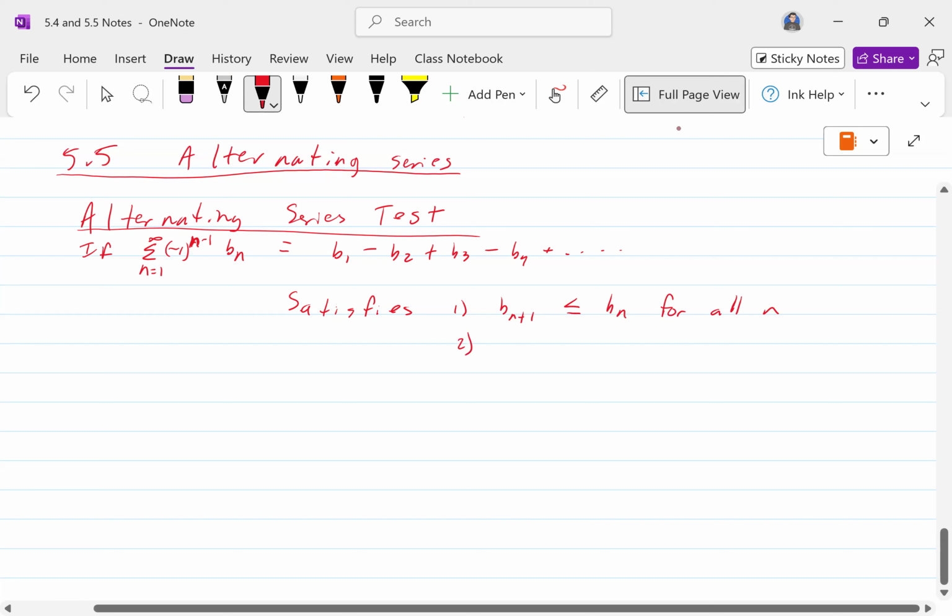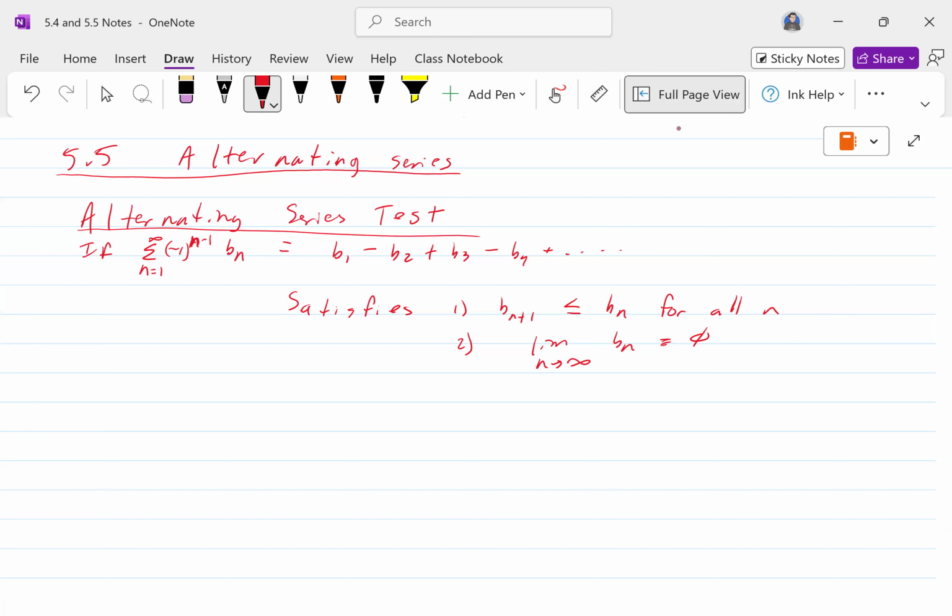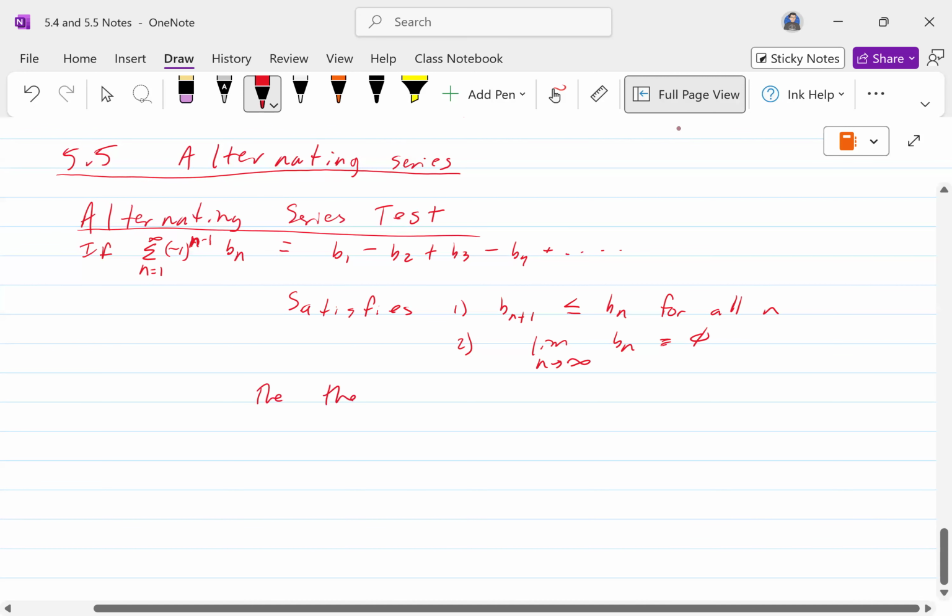And the second is that the limit as n goes to infinity of b sub n must equal 0. The terms must be going to 0. So if the terms are constantly decreasing and they're going to 0, then the series converges. This is called the alternating series test.